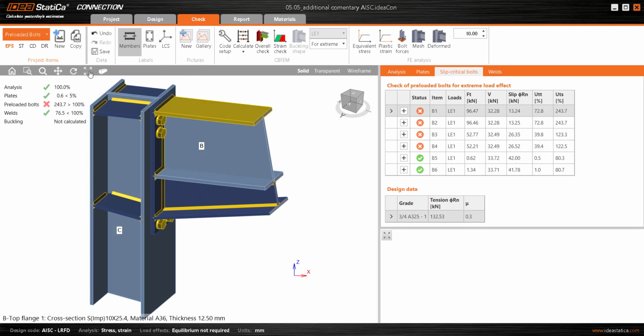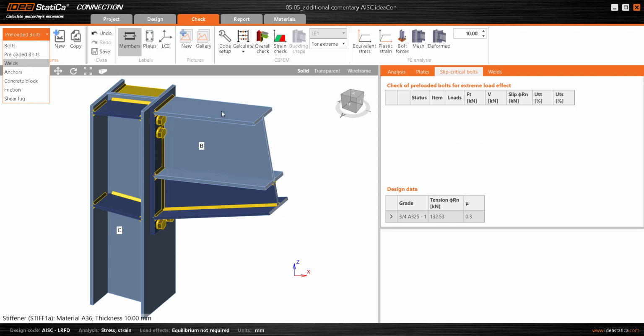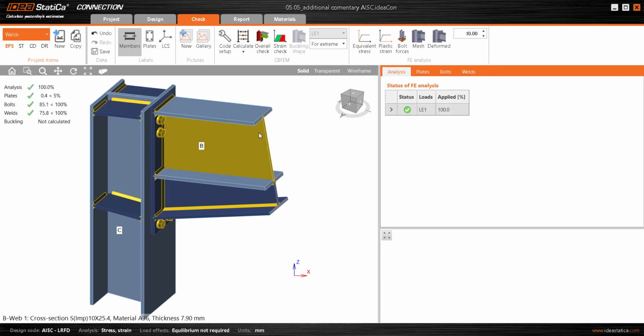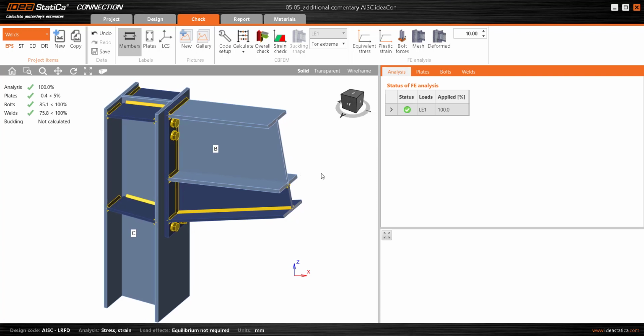Now, moving on, one of the components where there are more differences is the weld, the fillet weld specifically. The same as in Eurocode, the full penetration weld isn't checked. Now, if we go to the welds, we'll use the equivalent stresses to help us visualize it.